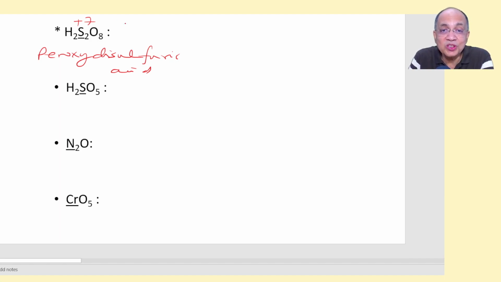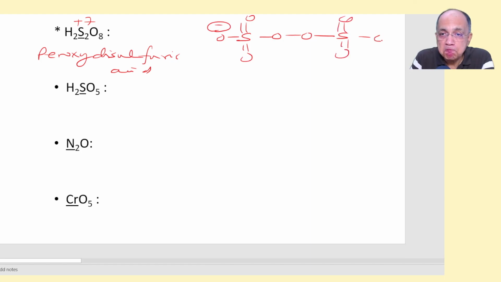So once you know the structure, you can know that there is a peroxy linkage in the middle, and this peroxy is minus 1, and here this will lose plus 6, this is plus 6.